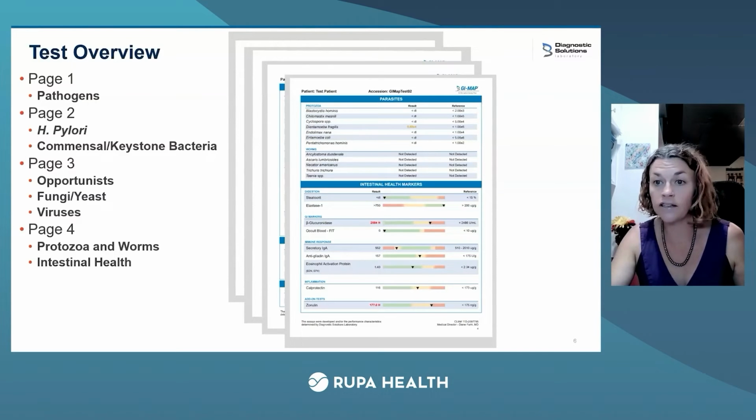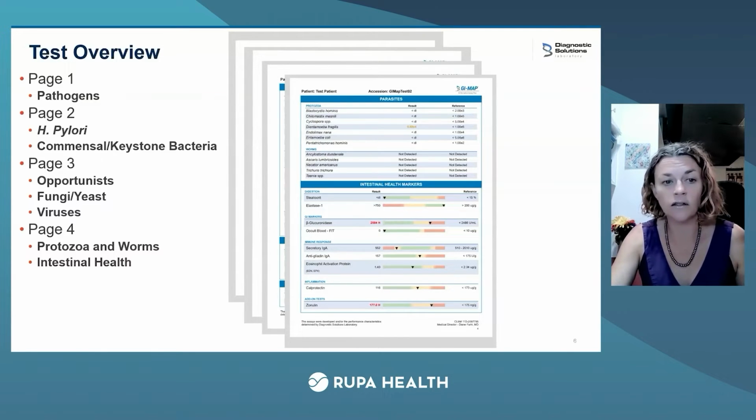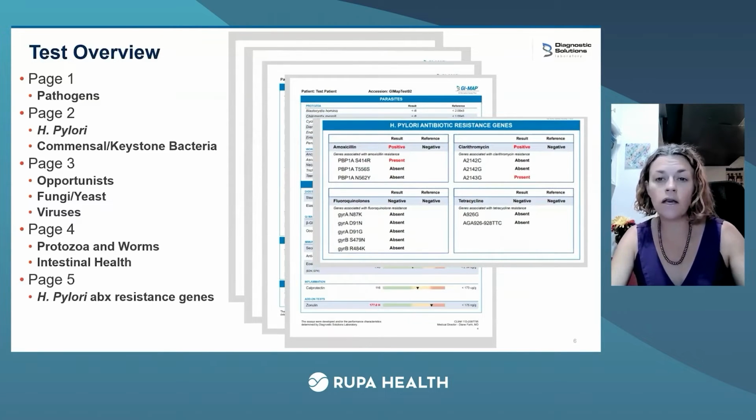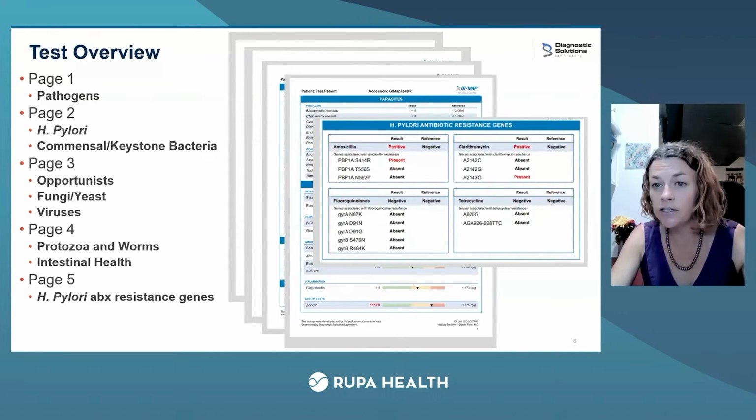And then, of course, our intestinal health markers, which is a really nice collection of data in and of itself, looking at digestion, GI markers, immune response markers, inflammatory markers, and then zonulin, which is an add-on to the GI map. And then page 5 are the antibiotic resistance genes for H. pylori.